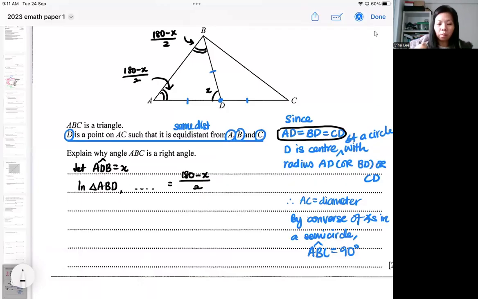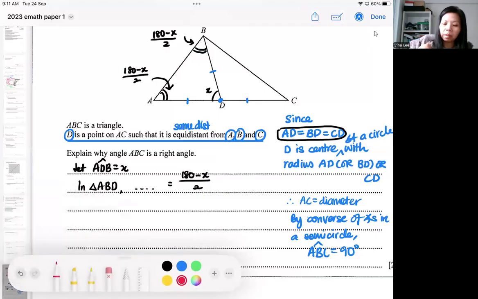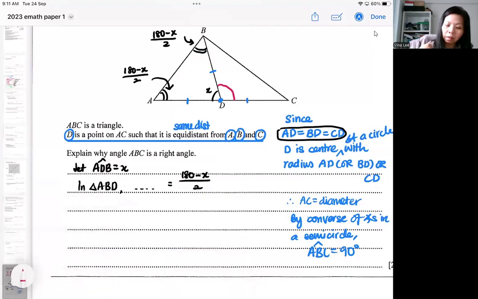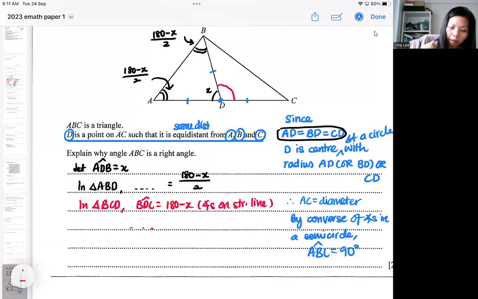Then I'm going to go on to the next isosceles triangle. This part will be angle on a straight line, so because of the x, I will get an angle on a straight line. Do explain your angle on a straight line. And then because it's an isosceles triangle, you can find these two angles. Let me charge a bit, my pencil is a bit low on battery.